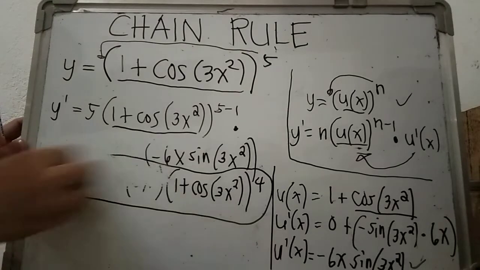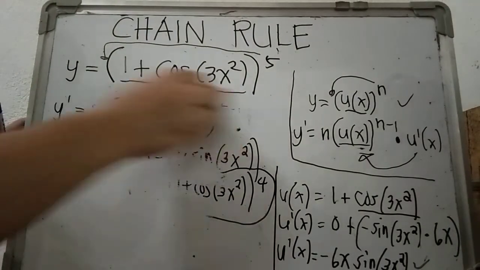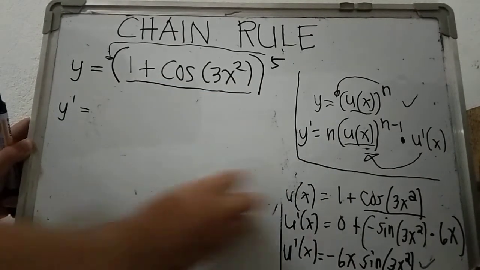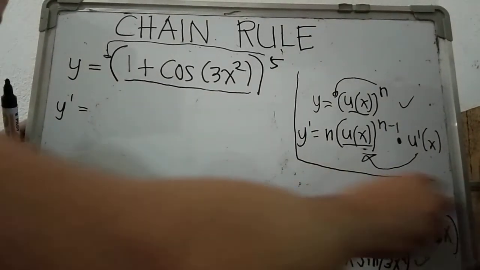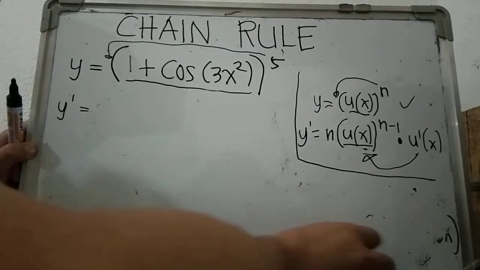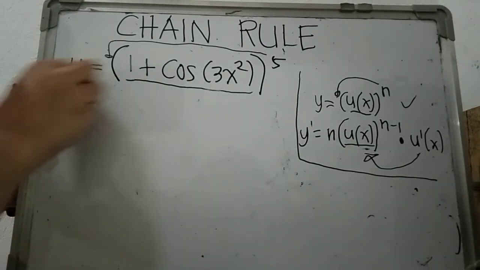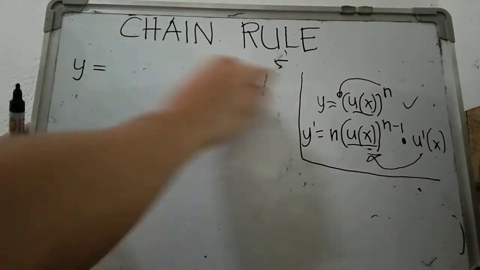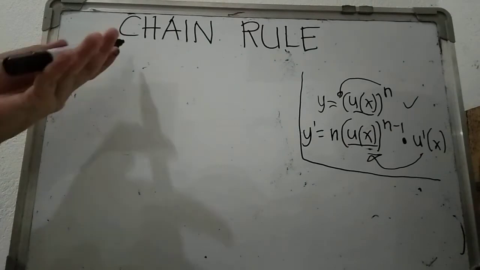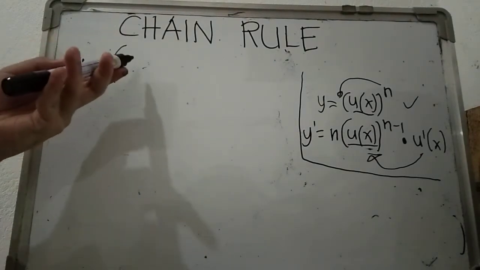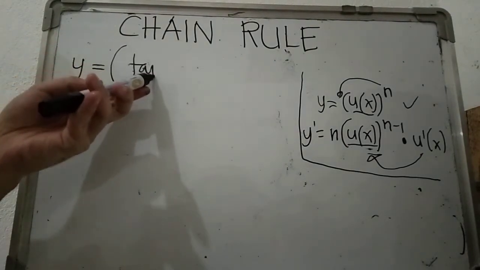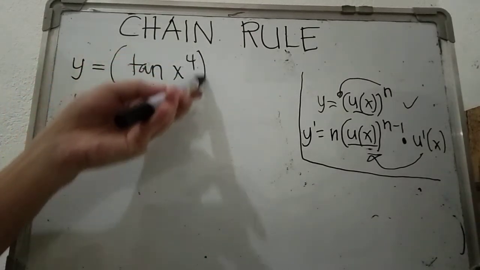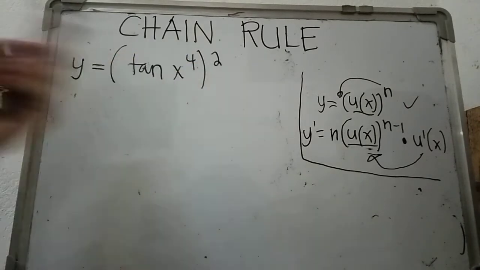Another example, if we have here tan x to the 4 raised to the power of 2.